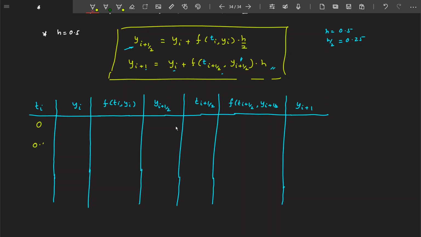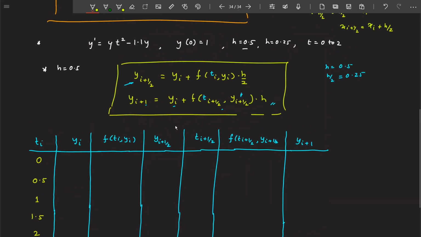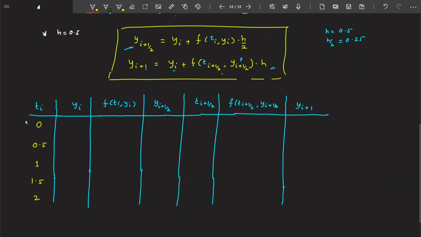So this is going to be 0.5, this is going to be 1, this is going to be 1.5, this is going to be 2. Now we know from the initial condition that at x is equal to 0 the value of y is 1. So we can write down 1 here.